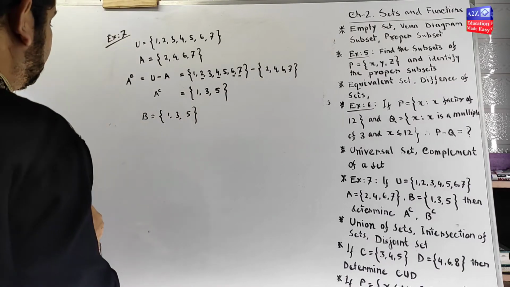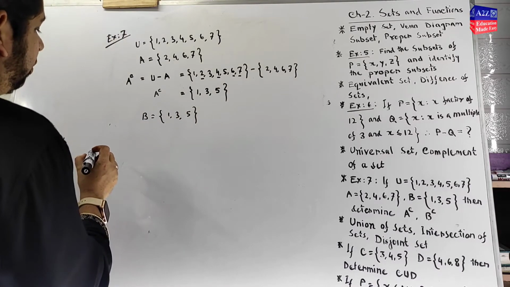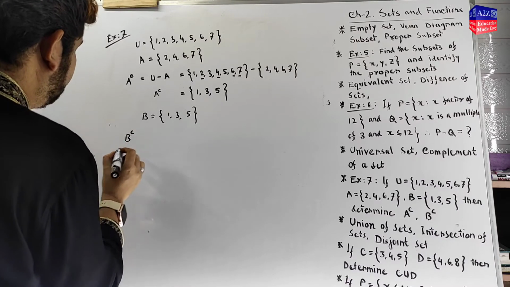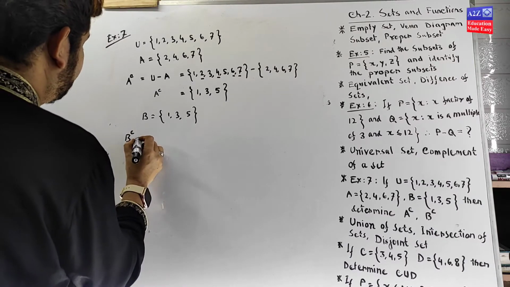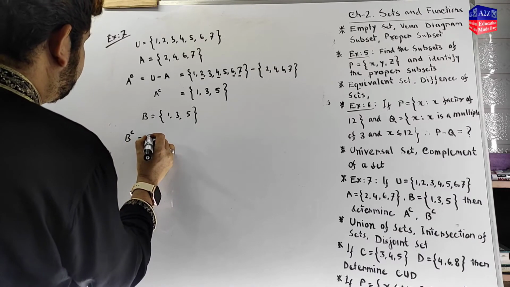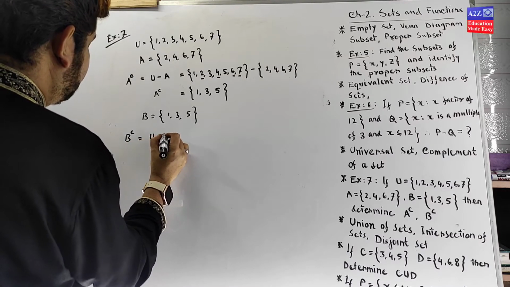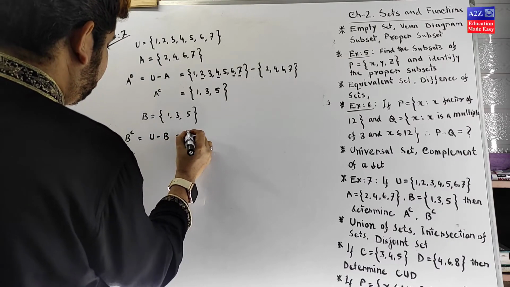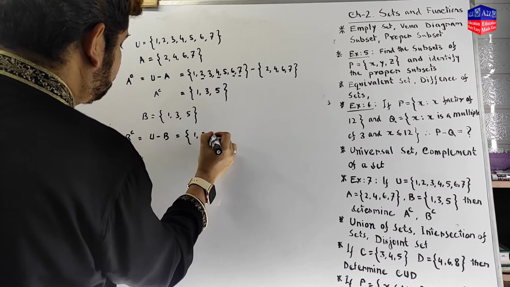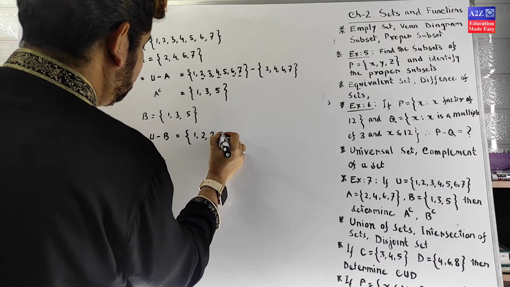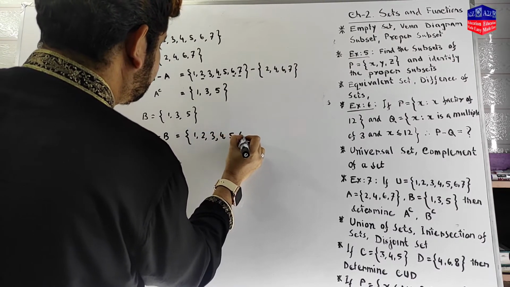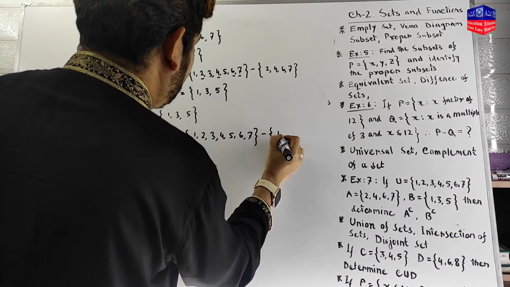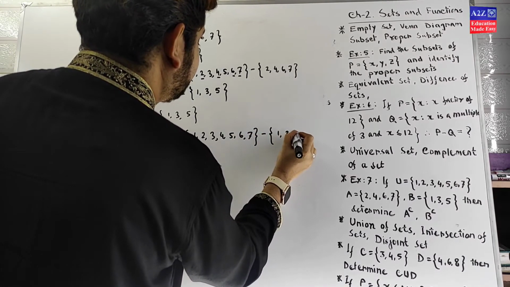Okay. So as per the definition, I would like to find out the complement of B set. Then it will be denoted as B to the power C, or B superscript C, and will be termed as universal set delete the set B. So universal set means 1, 2, 3, 4, 5, 6, 7. Delete B means 1, 3, 5.